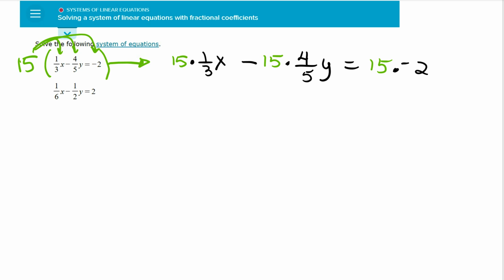And when you multiply by 15, technically it's 15 over 1. But really putting the over 1's kind of a waste of time, because anything over 1 is just itself. And you're about to cross-cancel these fractions.